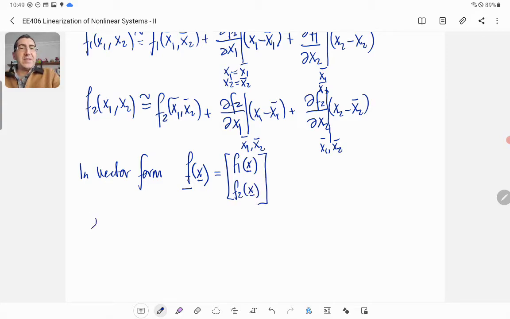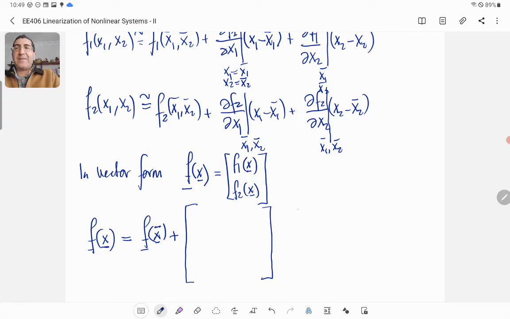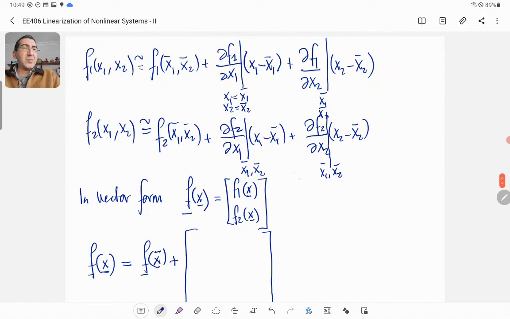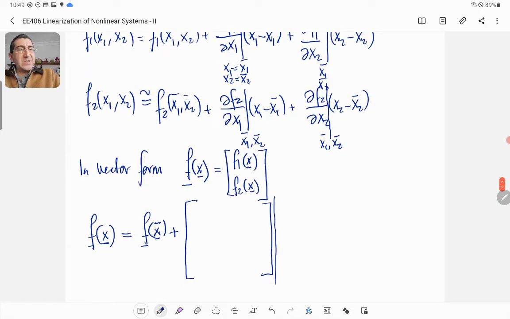Therefore this approximation becomes f of x is equal to f evaluated at x bar, which is the chosen point, plus, now from the above I can get a vector matrix expression where this matrix is evaluated at x equals x bar, the chosen point.